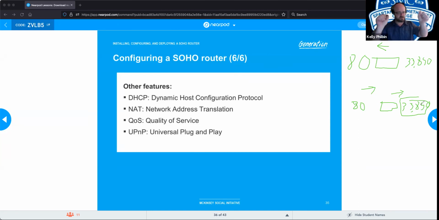So then it strips that off, gets the datagram out of it, through port 80 web server. And then when it's going to send it back, it goes, okay, this came from port 80. It's going to 33,850, puts that around it, sends it down to the next layer. The next layer goes, okay, you came from me, so here's my origin IP. I'm sending it back to the IP address that had the packet in there.